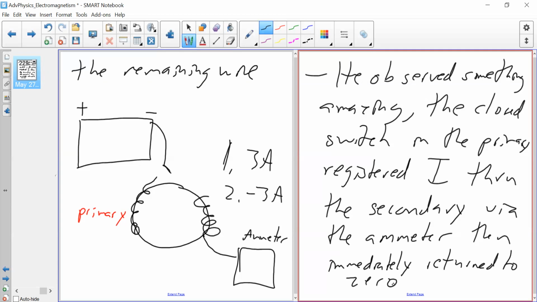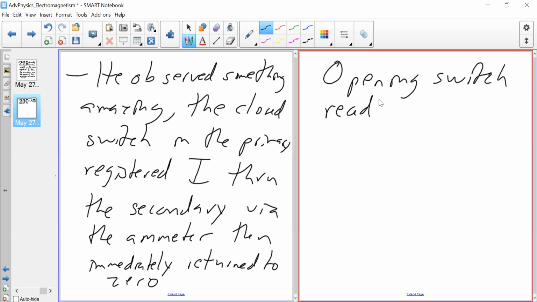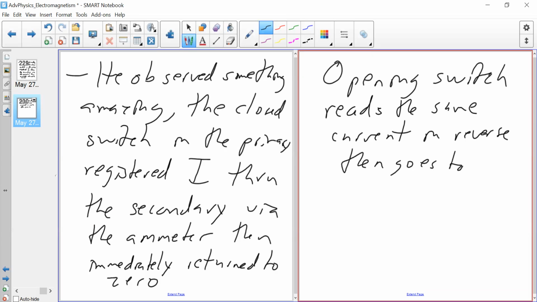So we have a steady field. So the readout was registering 0. So opening the switch, as I said earlier, it registered a negative reading, and then it went back to 0. Kind of a peculiar result there.